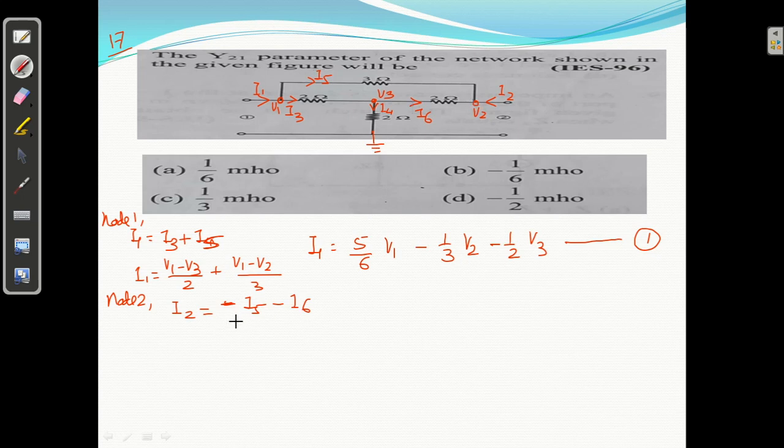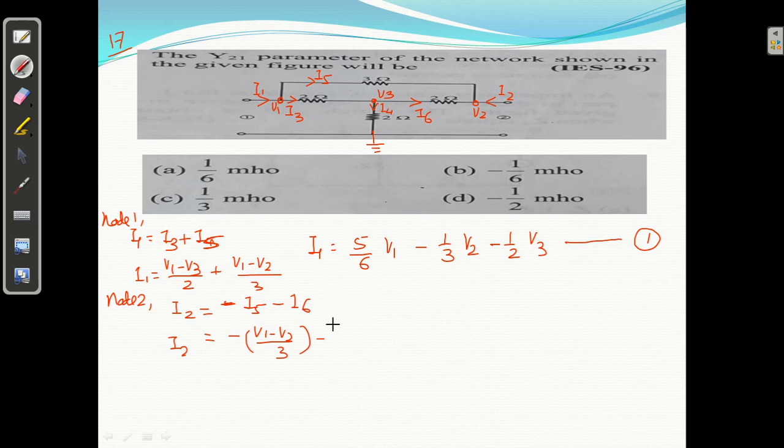So I2 equal to minus I5. What is I5? V1 minus V2 upon 3. Minus I6. What is I6?